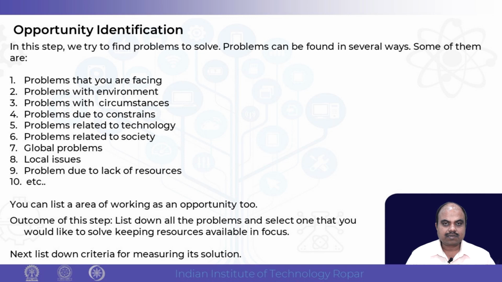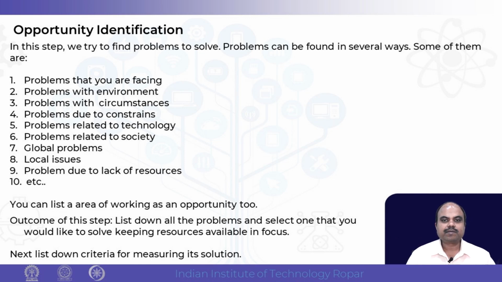Then problems due to constraints. Time is one of the biggest constraints. Students may not have time to study all the subjects equally on all the days. There may be other constraints also, such as family constraints. Many people have to travel from one place to another to come to the college. That may be another constraint.